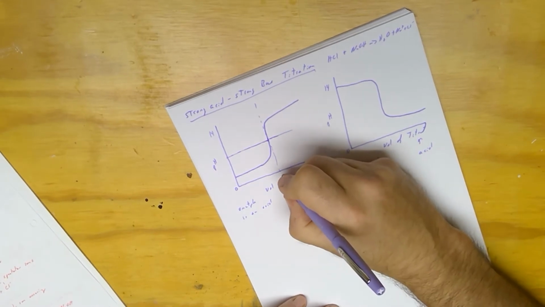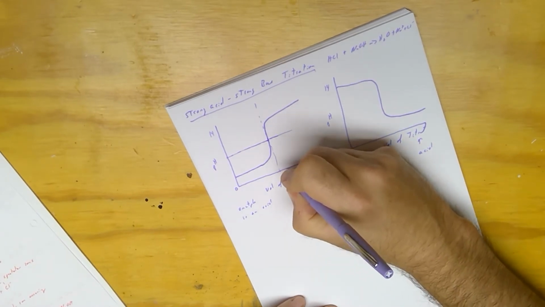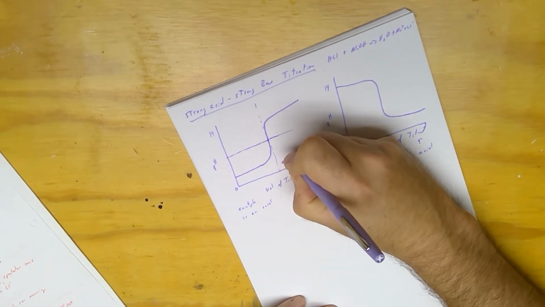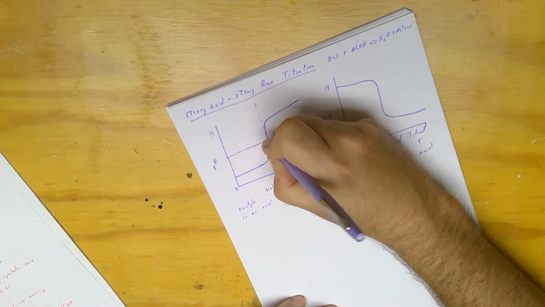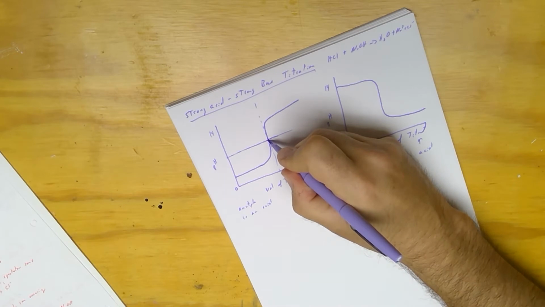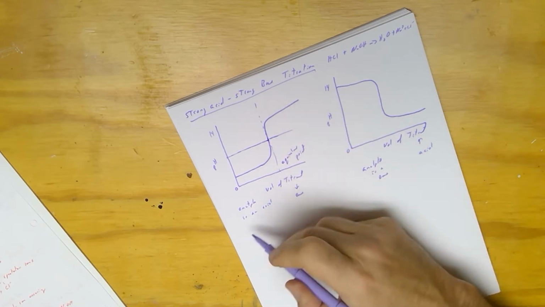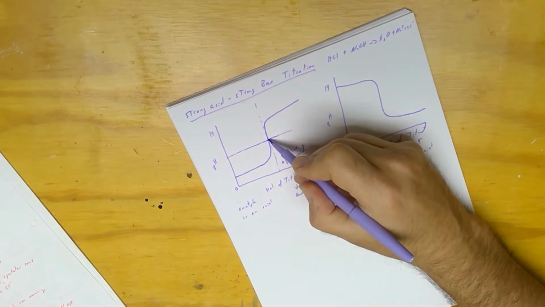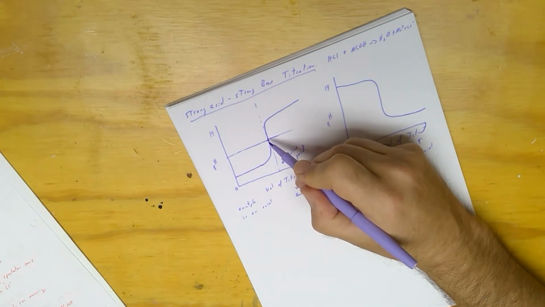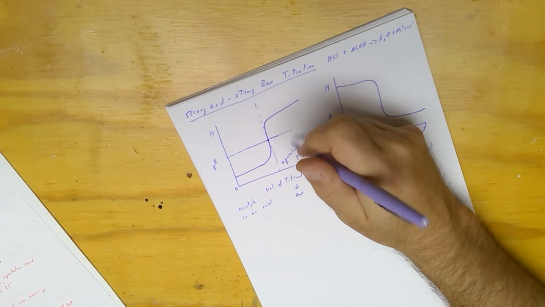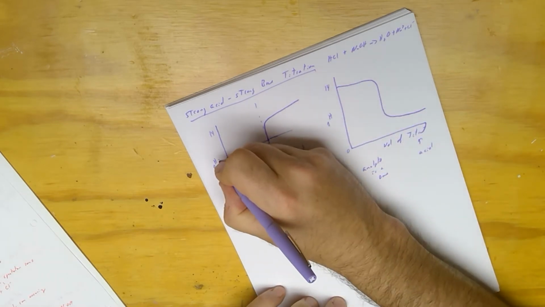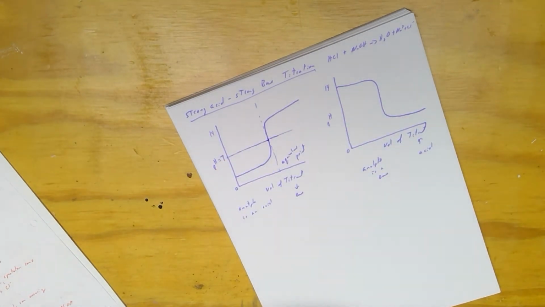This is called the equivalence point. This is where all the acid, well, in this case, all the acid has been reacted with the base, and the only thing that we have is product. And for a strong acid, strong base titration, the pH of this is 7.